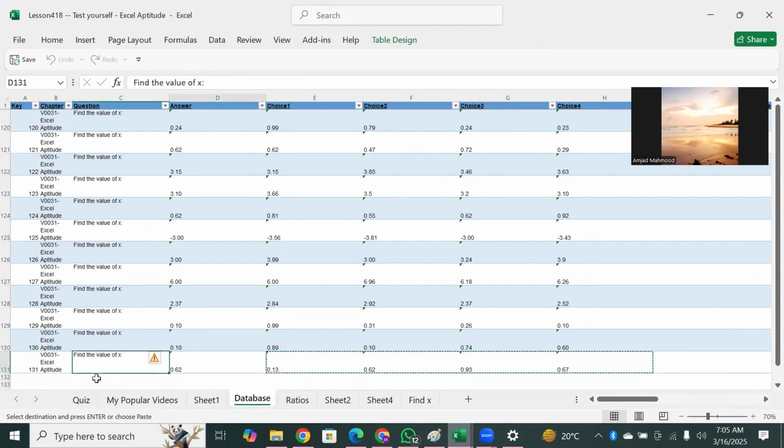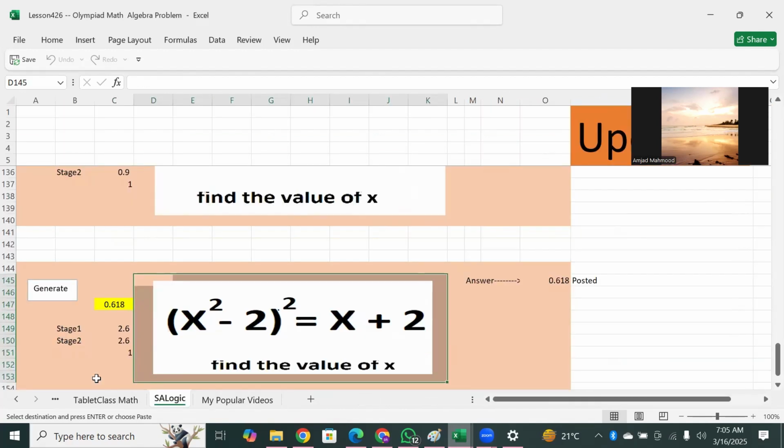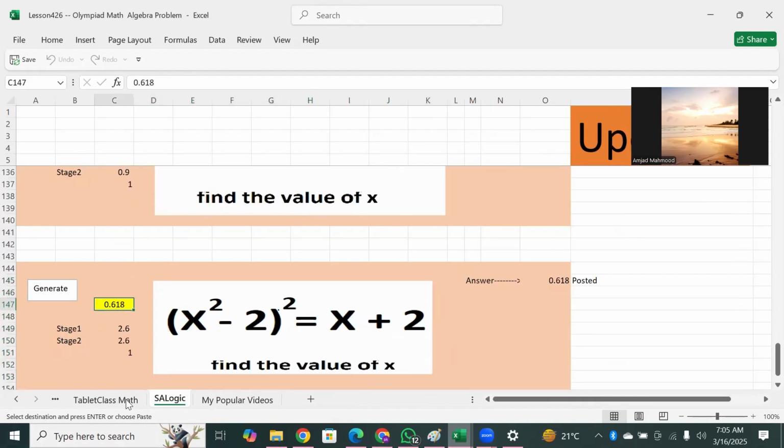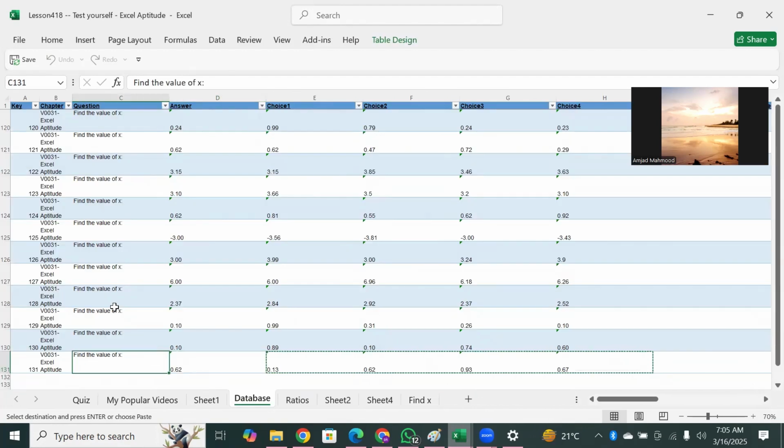Yeah, and this is 0.62, and 0.62 is the right answer, right? The nearest one is 0.62. That's right. Okay. Why 0.62? I tell you, because 0.618 is actually 0.62, right? It is rounded to it. That's fine. So there's no issue in that.